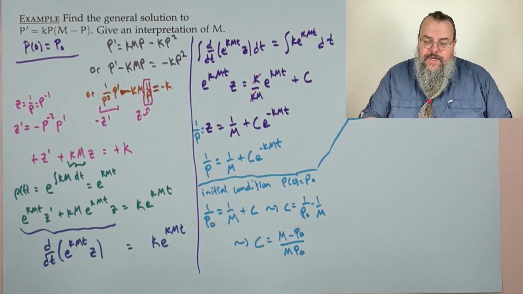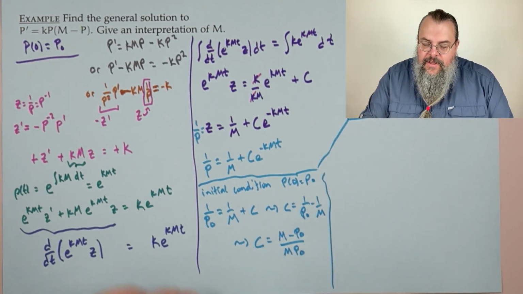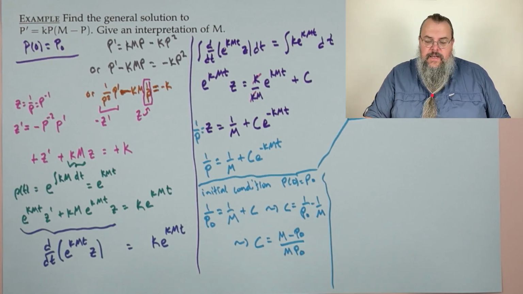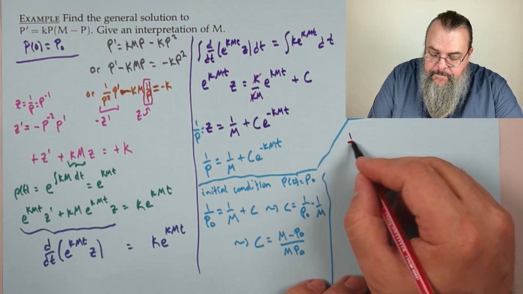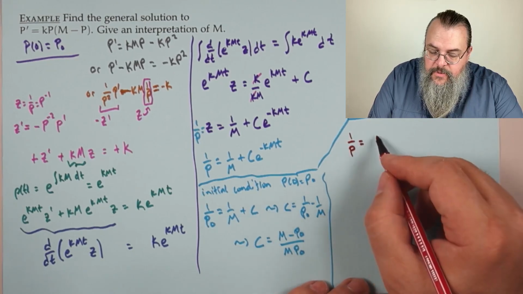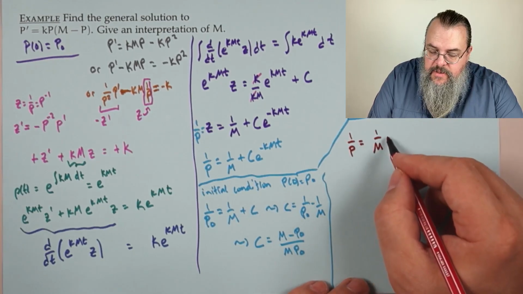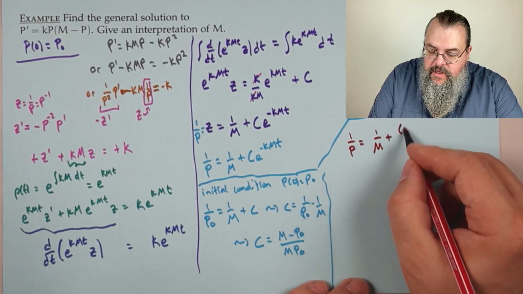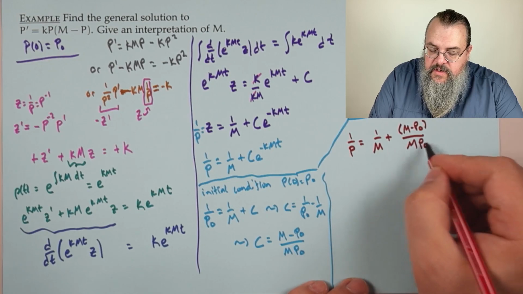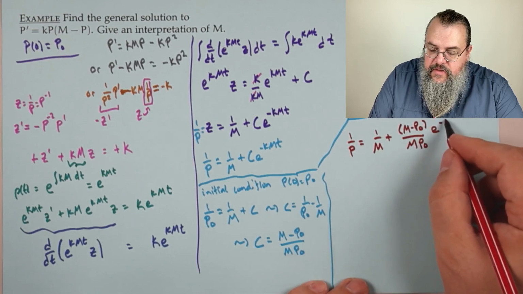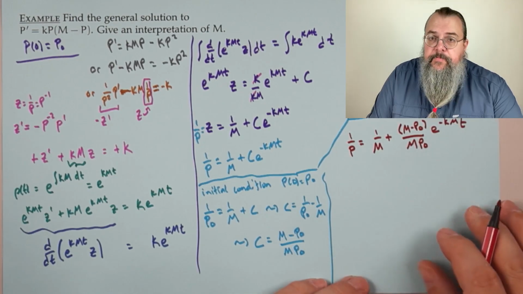We have that 1 over p is equal to 1 over m plus (m minus p0) over (m p0) e to the minus kmt.